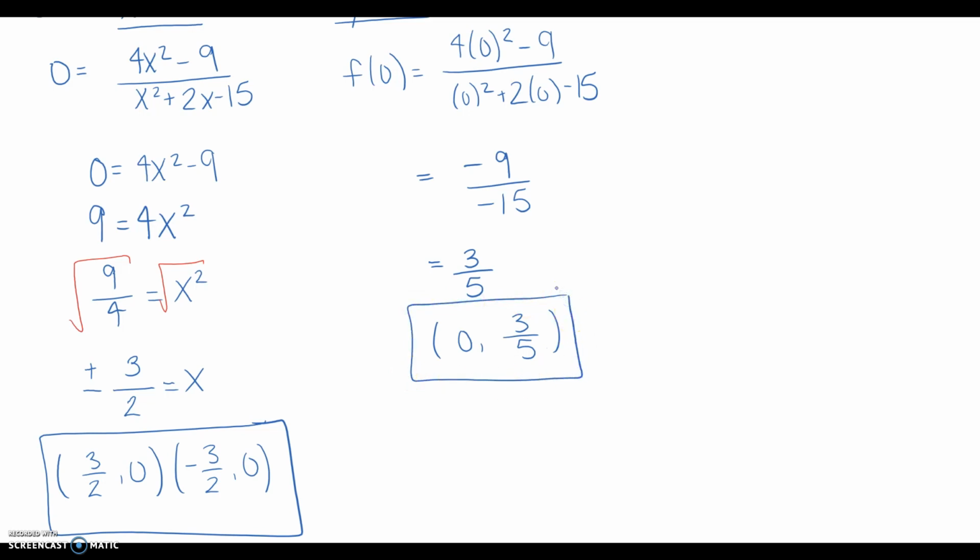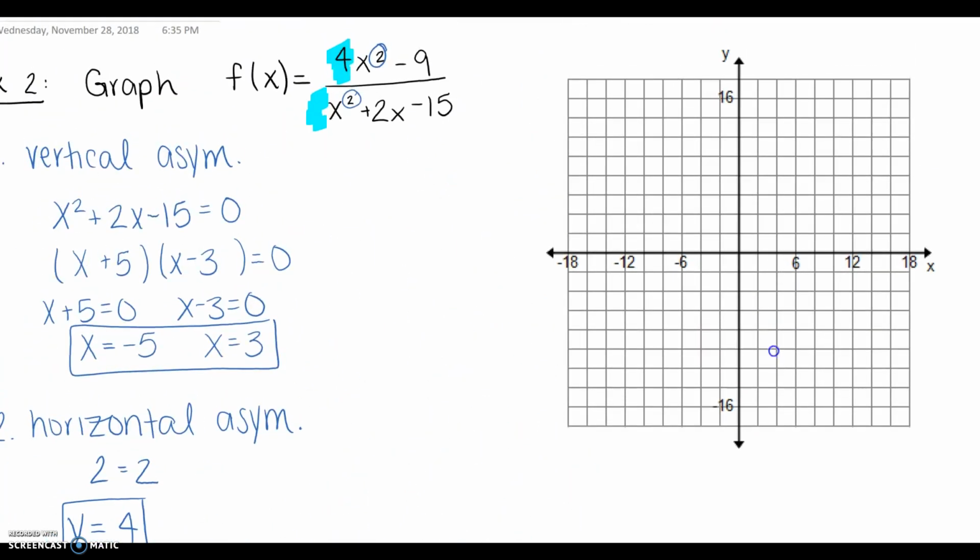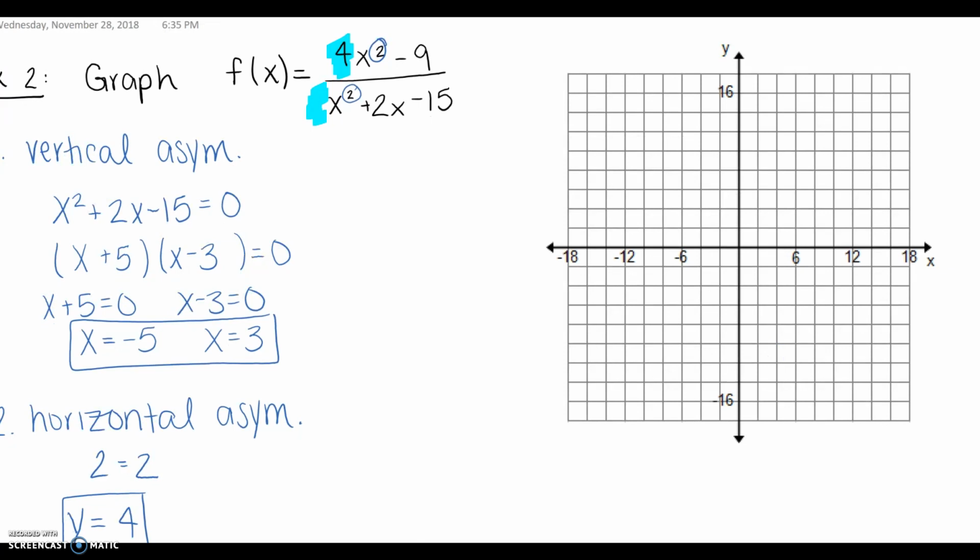So now we are on step 4, which is to graph everything we know. I made an 18 by 18 coordinate plane, and I changed my scale to be going up by 2. You have to be careful of your scale. Since my scale is going up by 2, I'm going to make my vertical asymptote at x equals negative 5, so between 4 and 6.